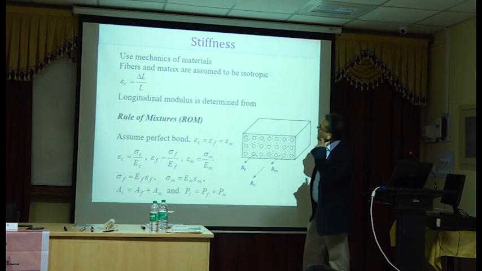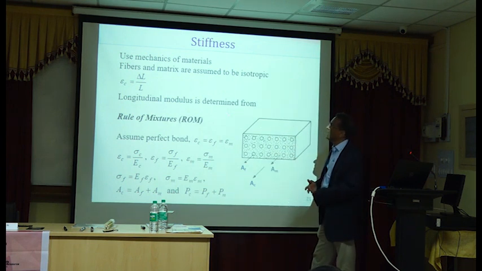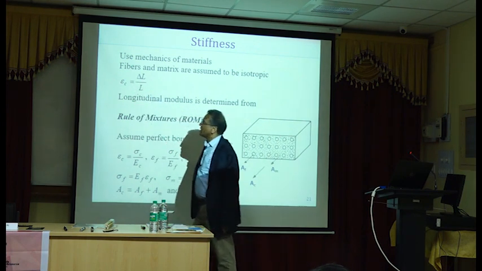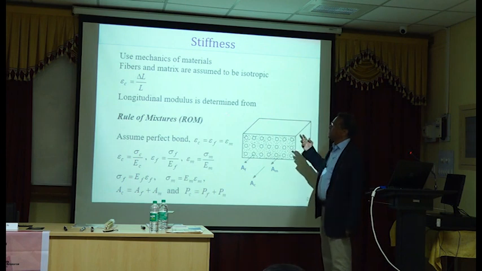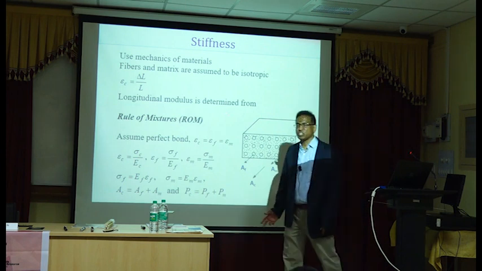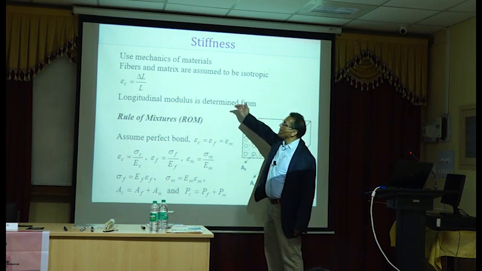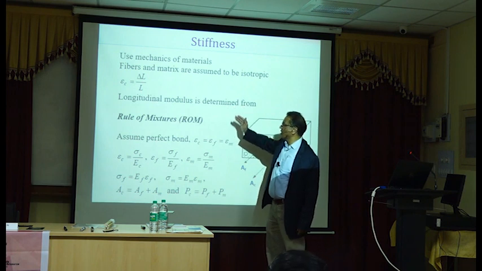Okay. So from mechanics of materials, stiffness is defined based on E. The strain of the composite is change in length delta L over total length. So we will use what's known as the rule of mixtures to determine the properties in the longitudinal direction.